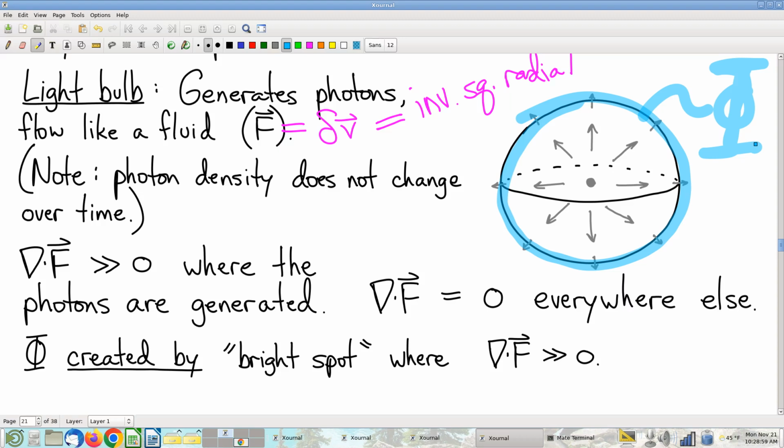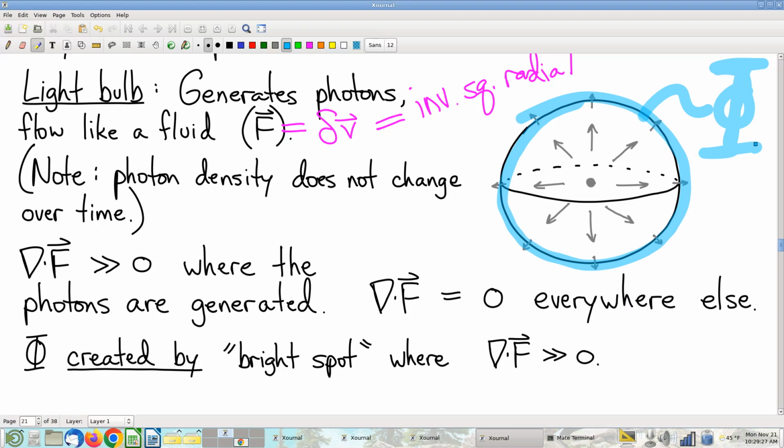Right, the divergence is huge where the bulb is. So by virtue of the divergence being large, it's saying that's where this flux is coming from. Literally coming from the inside, not coming from the surface. We're measuring photons as they go through the surface, but they're not coming from the surface. That's just where they happen to be when we measure them. They're coming from the bulb.